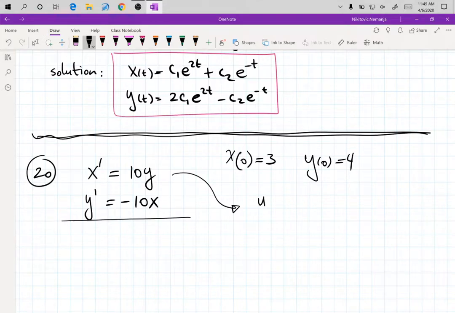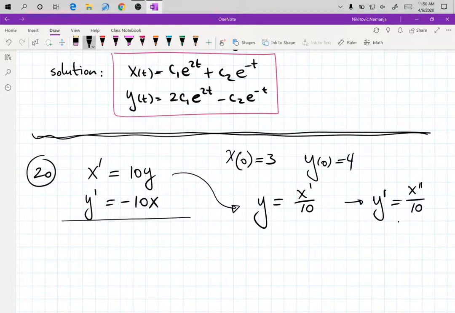So my y is equal to x prime over 10. From there, my y prime is x double prime over 10. Plug in. So x double prime over 10, which is the y prime, is equal to negative 10x.